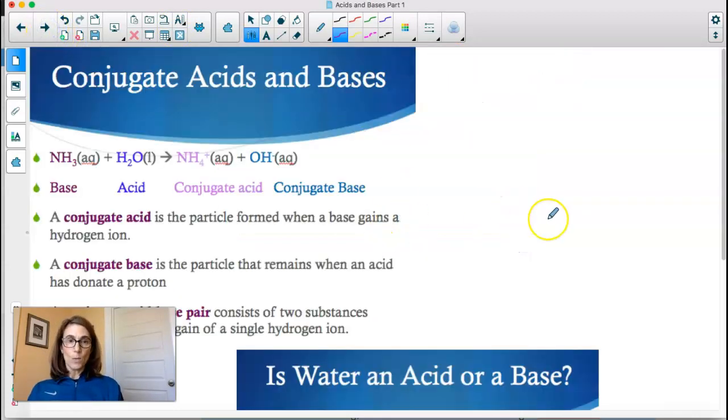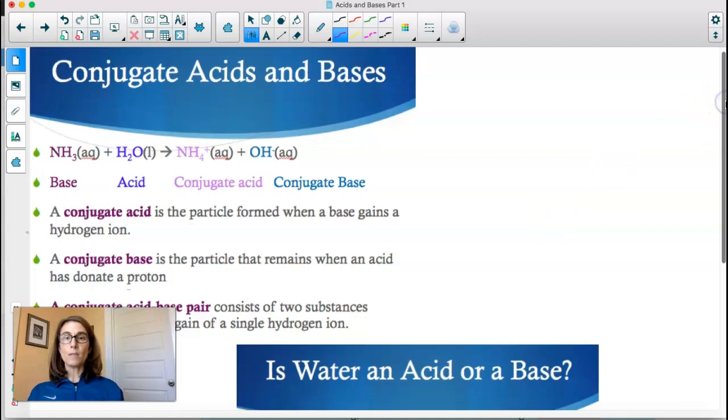With that said, we're going to talk about something called conjugate acids and bases, because in an acid-base reaction, here we have our base, which is ammonia, and H2O, which functions as an acid, and we'll talk about why that is down here in this section.